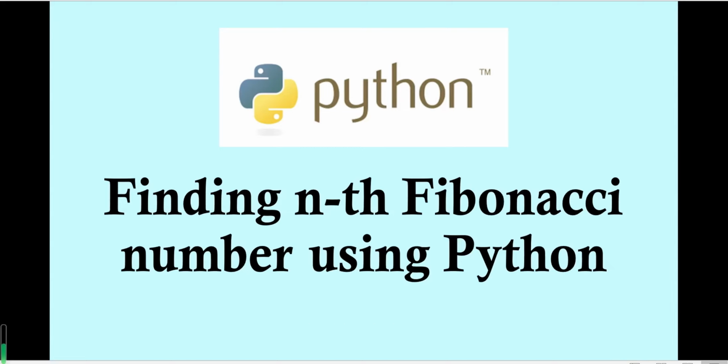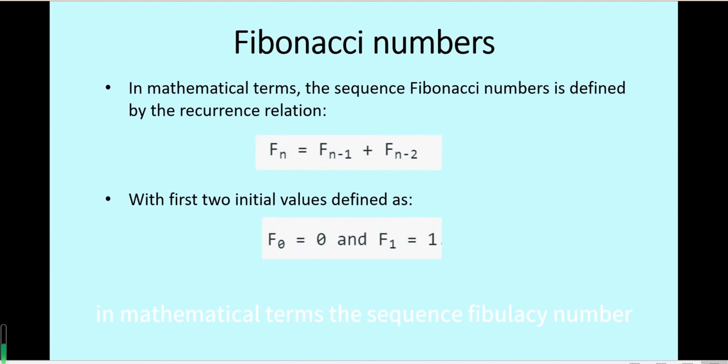In this video, we will show how to find the Nth Fibonacci number using Python. In mathematical terms, the Fibonacci number sequence is defined by the recursion relation Fn equals Fn-1 plus Fn-2, with the first two initial values defined as F0 equals 0 and F1 equals 1.